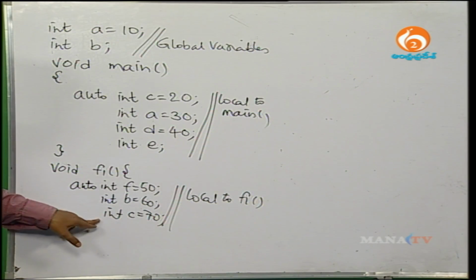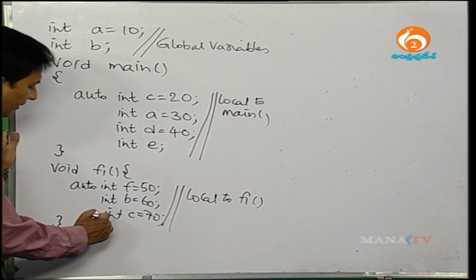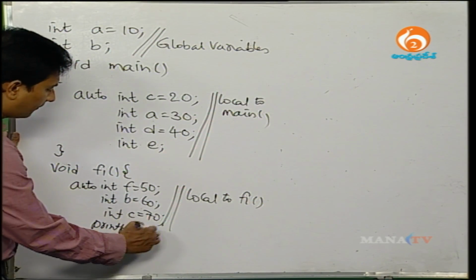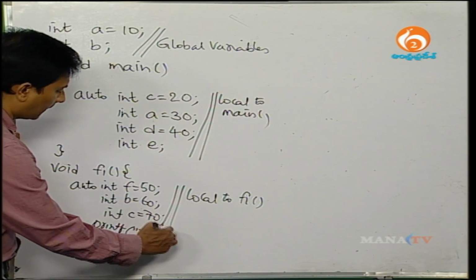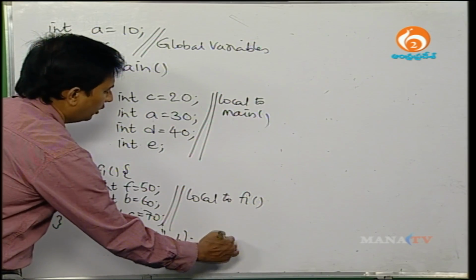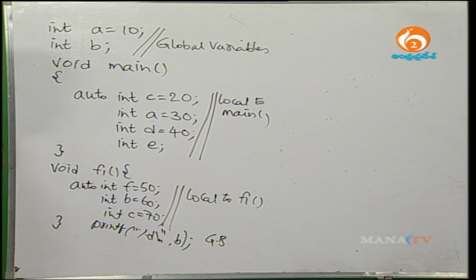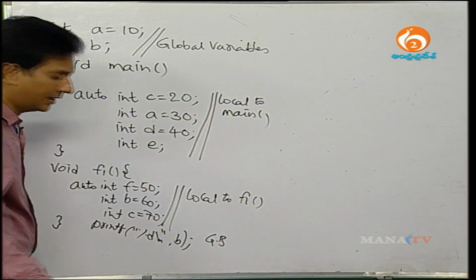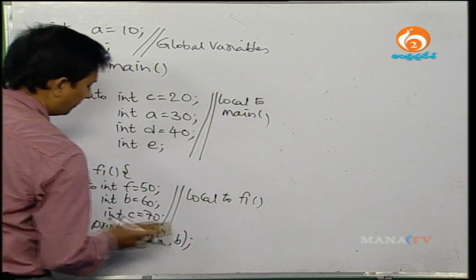Here printf of b means garbage value we will get. Here in the f1 function, b means 60 we will get.